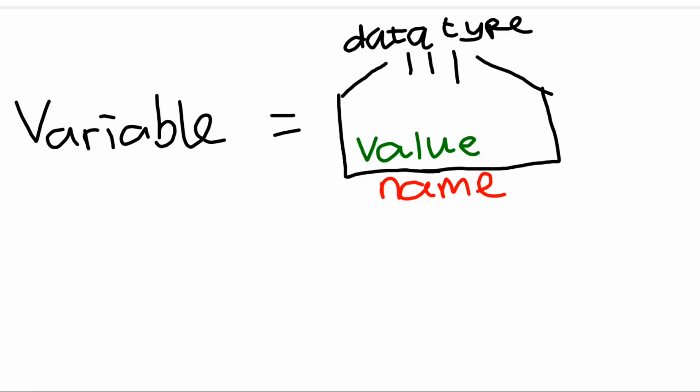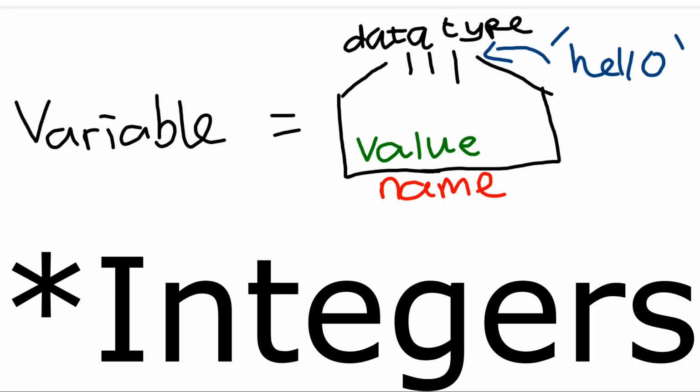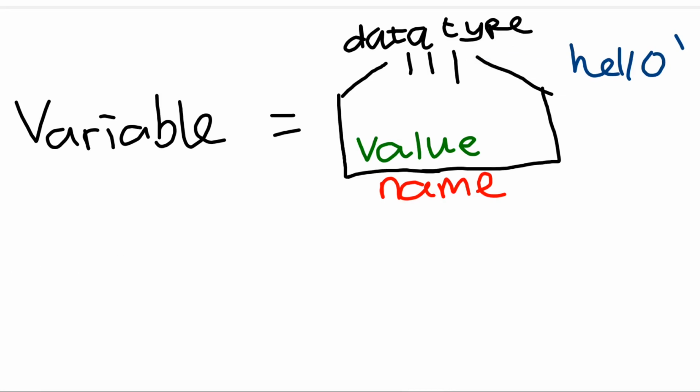If for example the data type for this variable was a number, an integer, sorry, and I try to assign the variable the value of hello, it wouldn't work because this hello doesn't enter that filter, because the filter is restricted to only allow numbers inside. I hope you understand what I'm trying to say here.